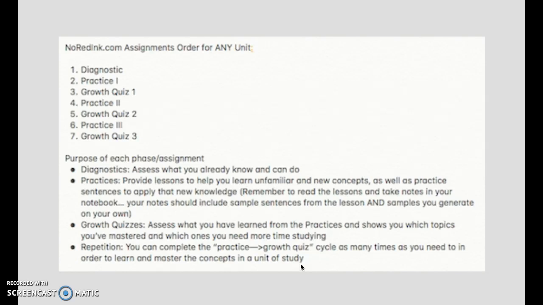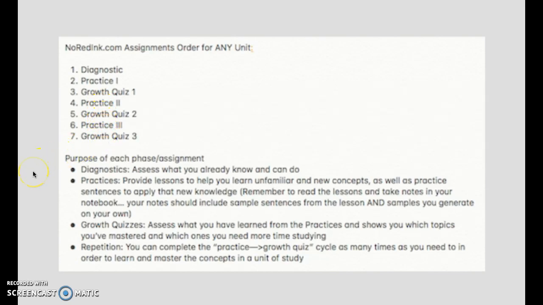So every single time you are doing thoughtful writing, your sentence structure should be growing stronger. Your use of punctuation should be getting more and more accurate and effective because you're applying what you're learning in noredink.com to your writing.